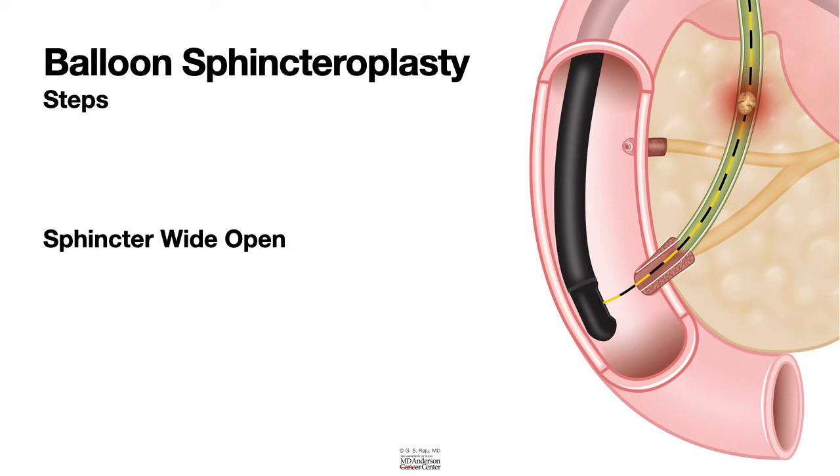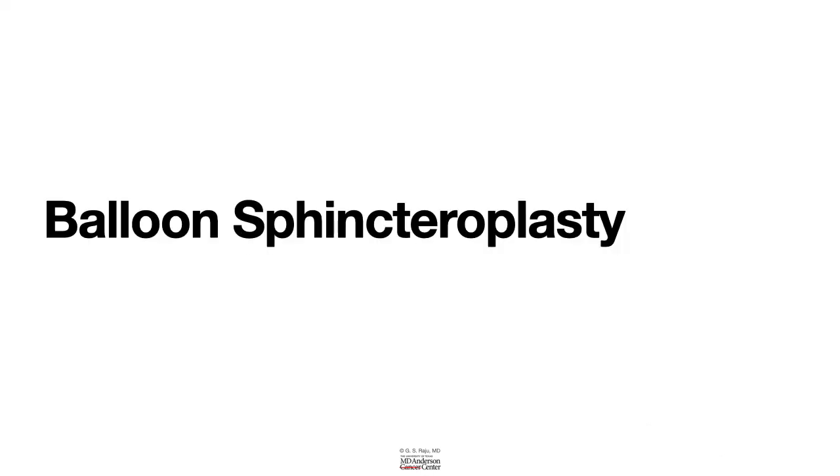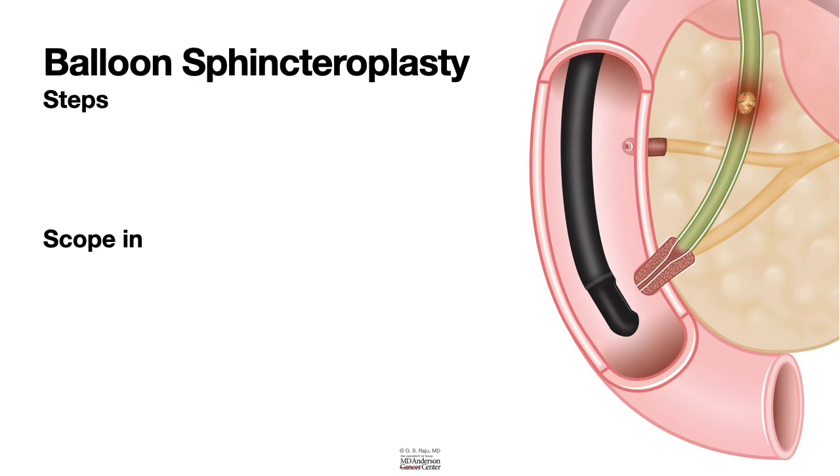Balloon sphincteroplasty has certainly made removal of large stones much easier, without the need for mechanical lithotripsy. Sometimes you can do balloon sphincteroplasty without a prior sphincterotomy, especially in patients who are on anticoagulants or who have bleeding diatheses.